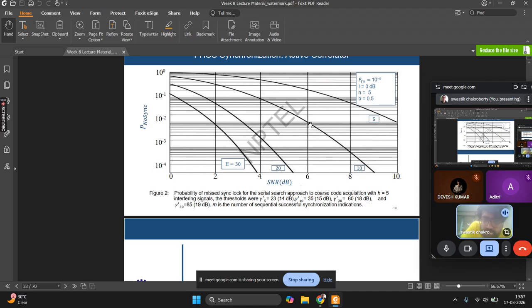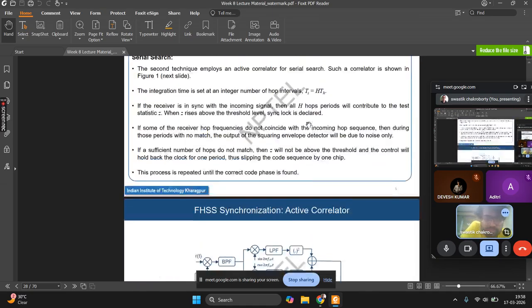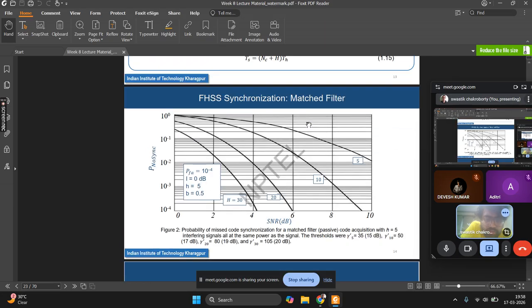This 6 dB line, if we take, and this 10 hop, we will see it is intersecting exactly at 9 into 10 to the power minus 3, and this one has, I think, 3 into 10 to the power minus 2.